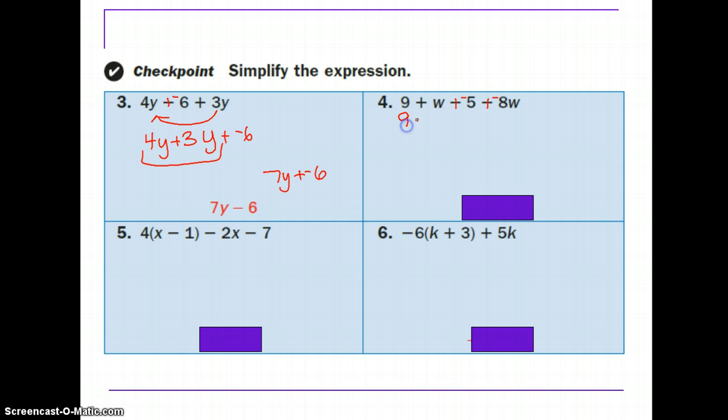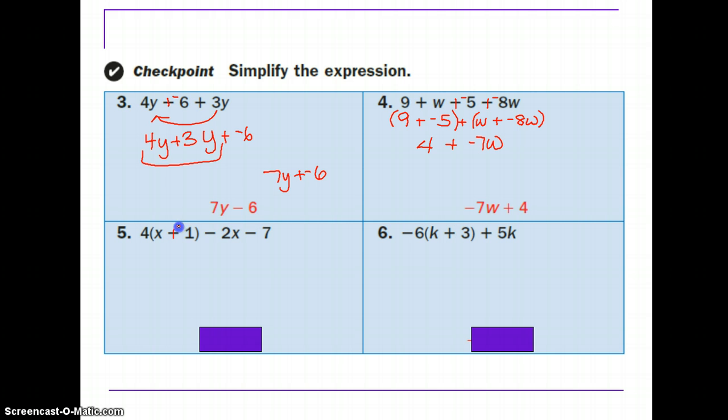Now, I'm going to put the numbers together that have no variables. And sometimes I like to put parentheses around it just to show that they are like terms. You don't have to. 9 plus negative 5 is 4. This is a 1 plus negative 8, negative 7. What's in common? W. And again, either which way you write it because of the commutative property, that will work.